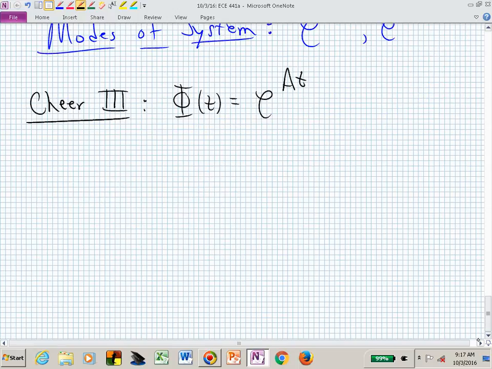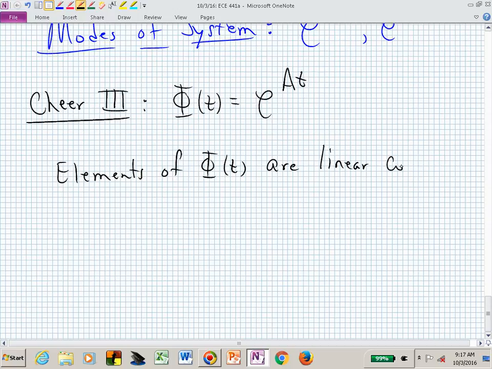But if you know the eigenvalues, you now know a lot about this state transition matrix. You know the elements of that state transition matrix, phi of t, are in fact linear combinations of these modes, e to the minus t and e to the minus 2t.